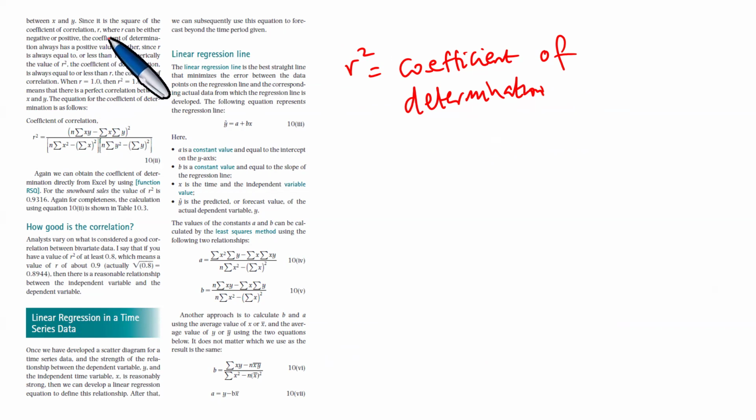Where r can be either negative or positive. We emphasize that it can be either negative or positive. We've discussed that. The coefficient of determination always has a positive value. Further, since r is always equal to or less than 1, numerically the value of r squared, the coefficient of determination, is always equal to or less than r, the coefficient of correlation.